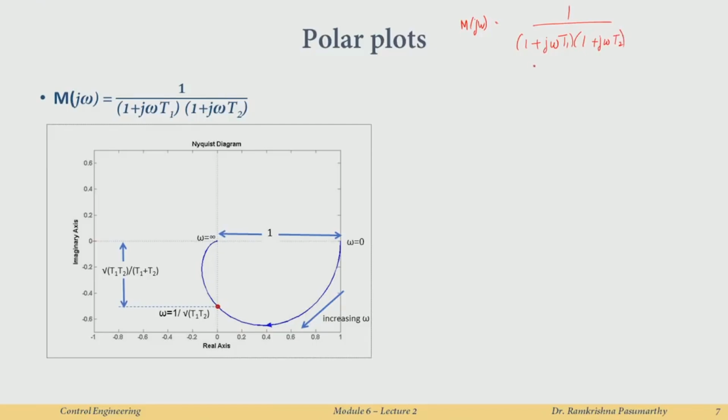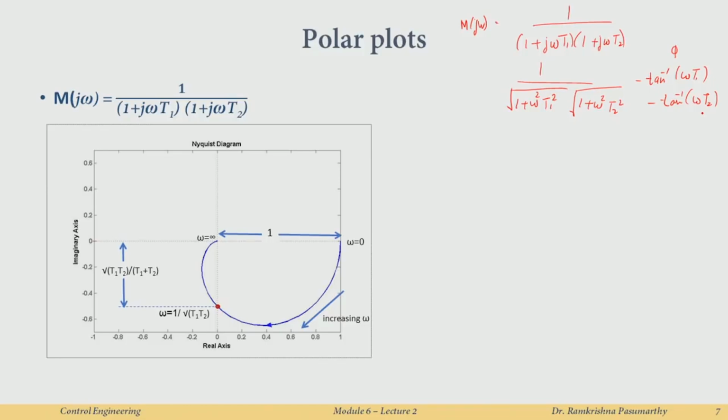The magnitude is just the magnitude of this times the magnitude of this. So this is the square root of 1 plus omega squared t1 squared times the square root of 1 plus omega squared t2 squared. The angle phi is minus tan inverse of omega t1 minus tan inverse of omega t2.